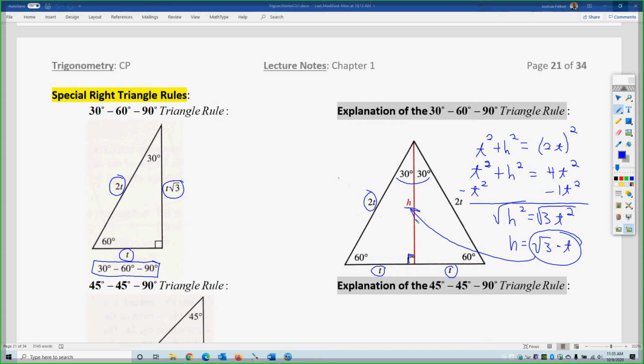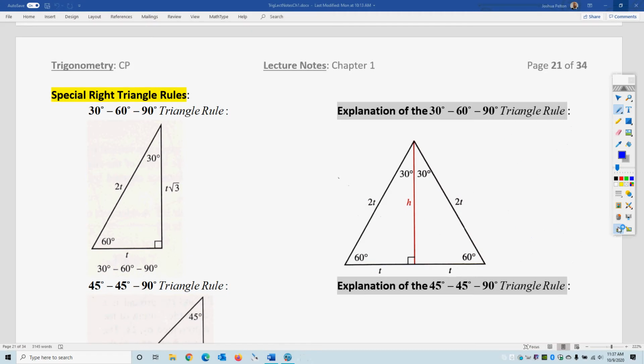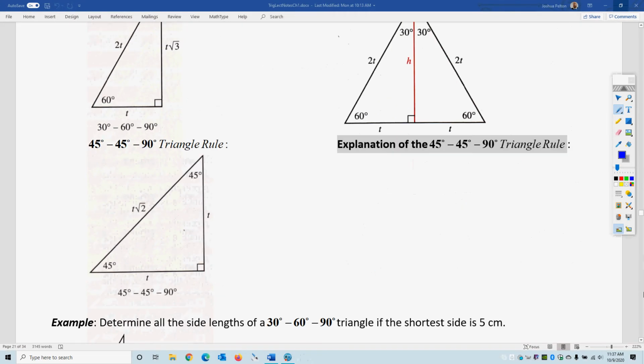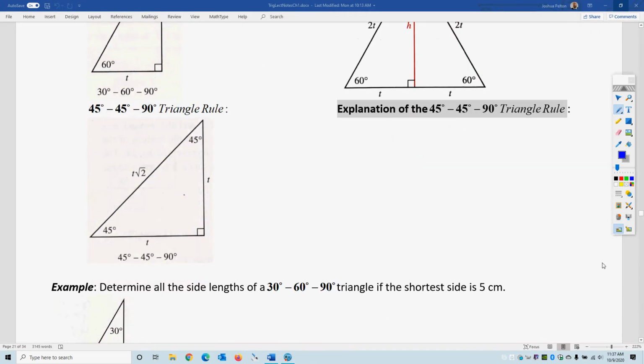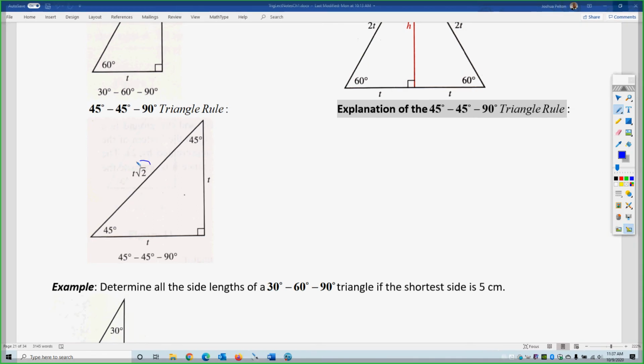And we can do a very similar proof for the 45-45-90 triangle, because the rule from geometry states that the hypotenuse is root 2 longer than the two legs, which of course are the same because it's an isosceles triangle with two 45-degree angles. Since it's a right triangle, we can do the Pythagorean theorem.